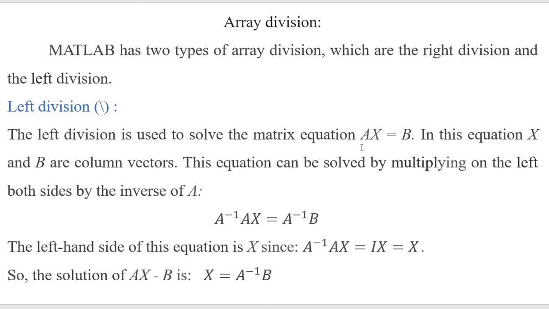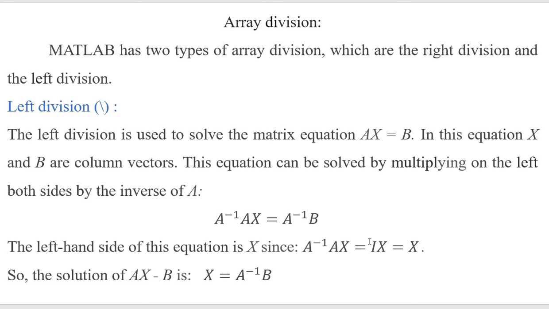So Ax equal to B can be replaced by A inverse A into X equal to A inverse B. We already know that any matrix multiplied with its own inverse gives the identity.